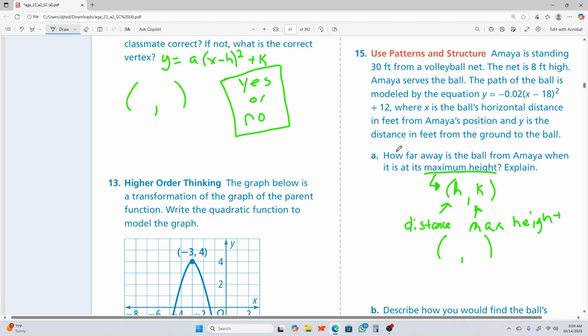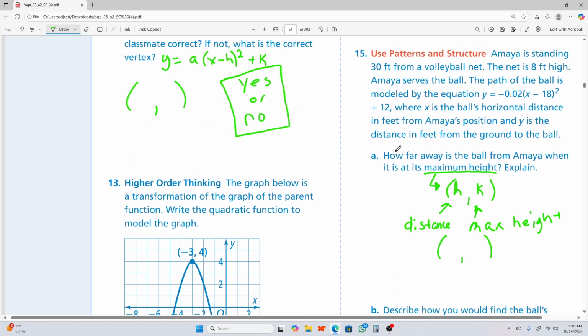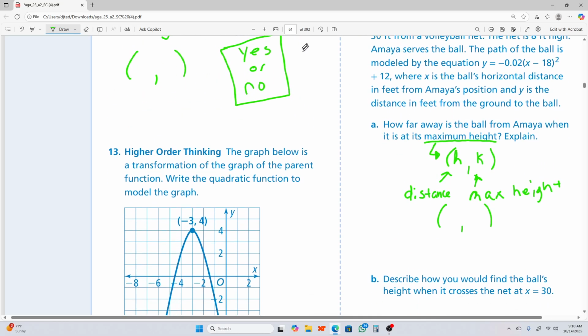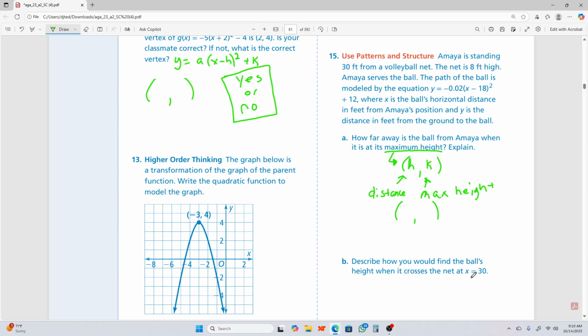And then part B, how would you find the ball's height when it crosses the net at x equals 30? So using your input-output table that we did for questions 16, 19, 21 helps you with this. You're just going to take the formula and plug in a 30 for the x and then use a calculator to solve it.